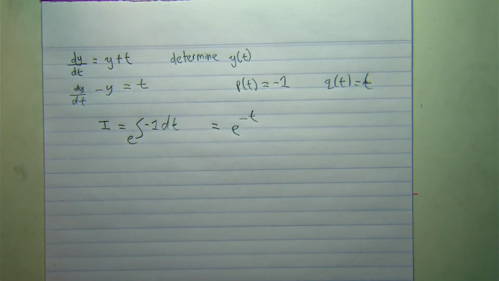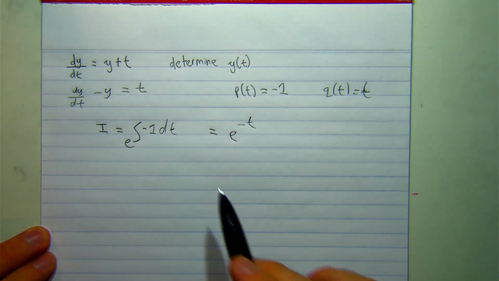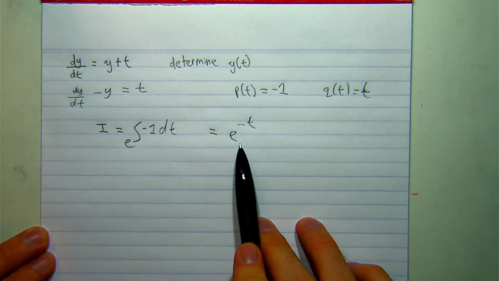Now we're just looking for an integrating factor. Of course, we have our integrating constant to work out all possible solutions to that, but we only need to use one solution so that we can leverage that solution to determine what the ODE actually is. So this is an integrating factor, and it's the one we're going to use, where the integrating constant is 0. Okay, so our integrating factor is equal to e to the power of minus t.